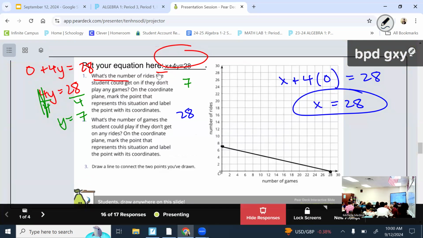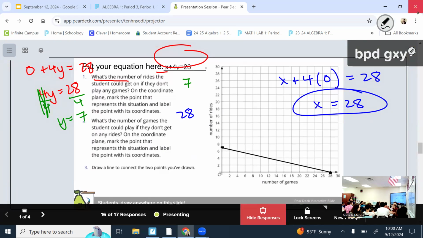What do we call the part that touches the y-axis? We typically graph it first. Maybe it'll come to you later, but that's important.